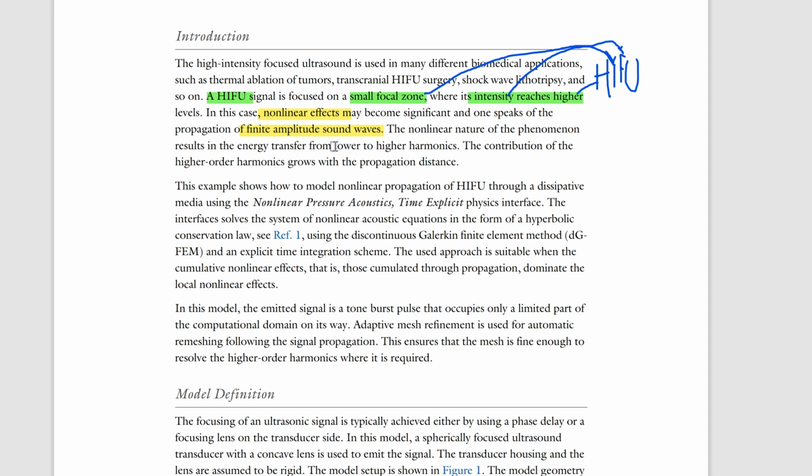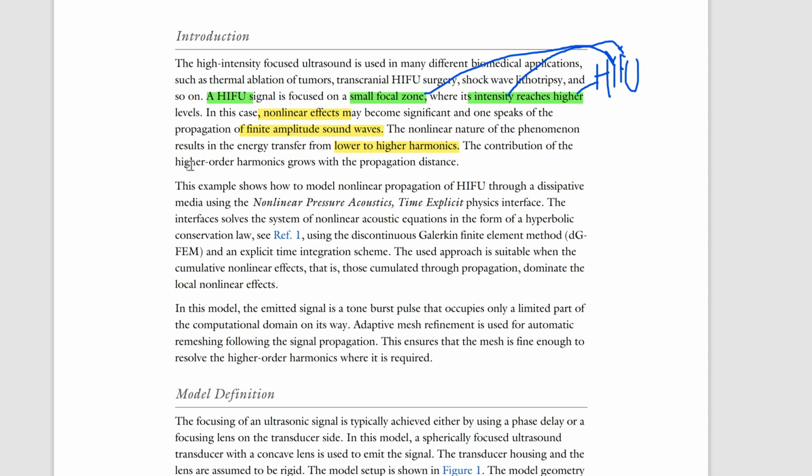Okay, lower to higher harmonics. That's raising a question for me, because I know about the harmonics within an ultrasound system bouncing back and forth, but exactly what do we mean by transferring energy from lower to higher harmonics? Why is it important that we're going from low to high?